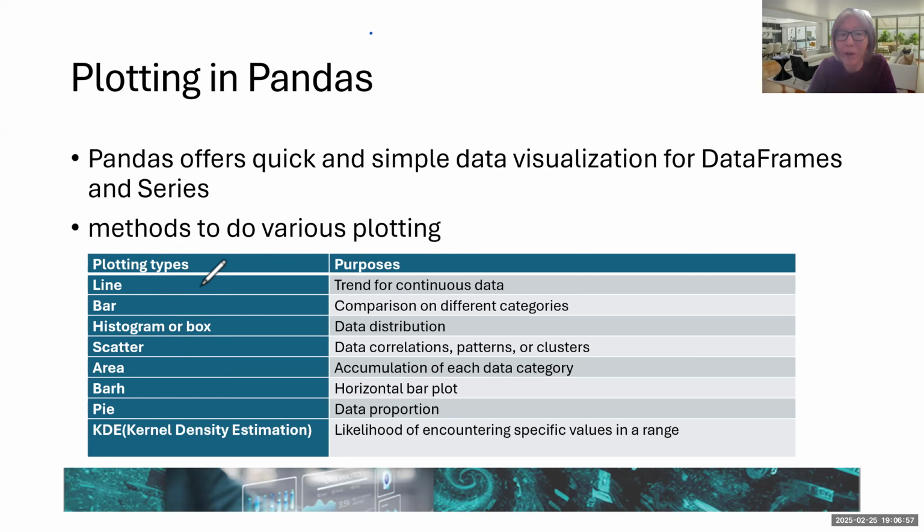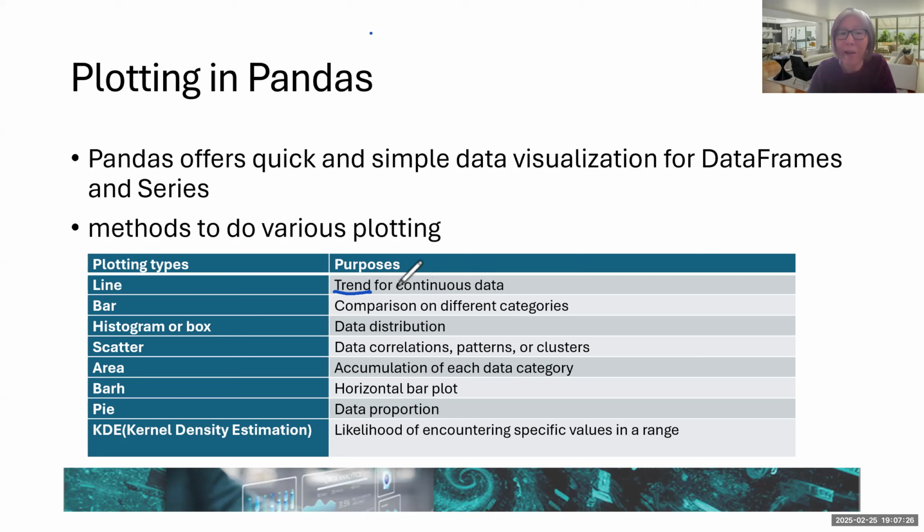The first is line. Line will provide the trend for continuous data. If you recall in math, we learned various curves, so it reflects some kind of trend for continuous data.